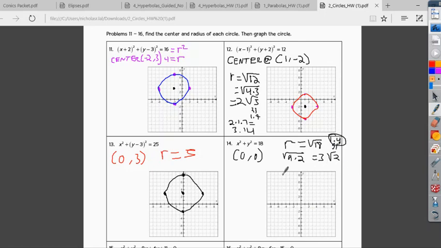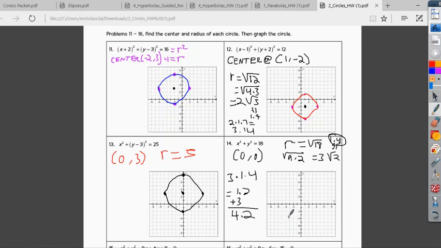So 3 times 1.4 is going to be 0.4 times 3, that's going to be 1.2 plus 3, which is equal to 4.2.